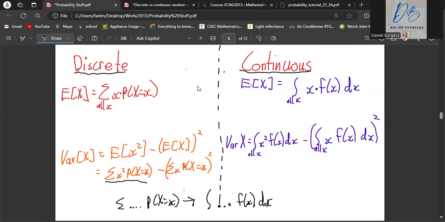In this one here, the sum and the probability x equal to x drop, so you get the integral f of x dx. Same thing for the others at the bottom. Once you remember discrete, you remember the continuous: the sum and the probability x equals x is just swapped for the integral f of x dx.